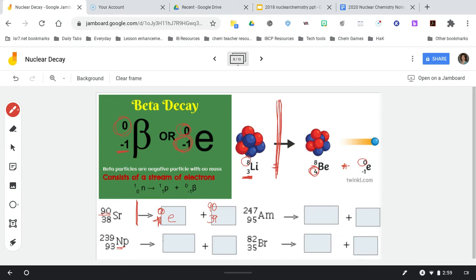Okay, let's do another example. Neptunium 239. So I'm going to write the symbol for my beta particle here, 0 over -1. And I'm going to use the beta symbol on this one. The top number, remember, has to be the same. 239 is equal to 0 plus 239.